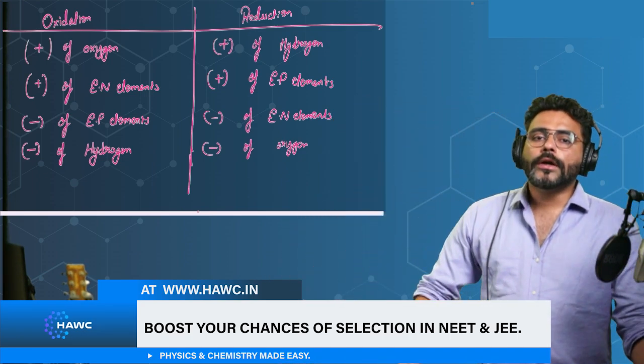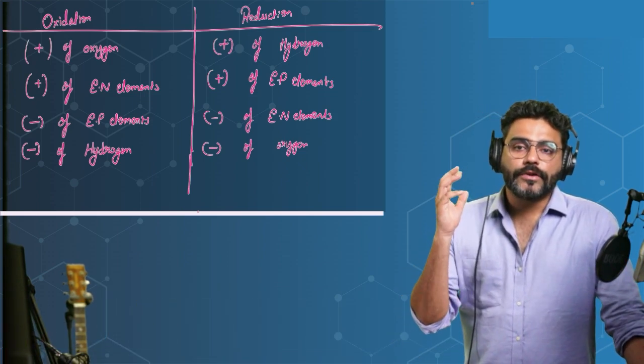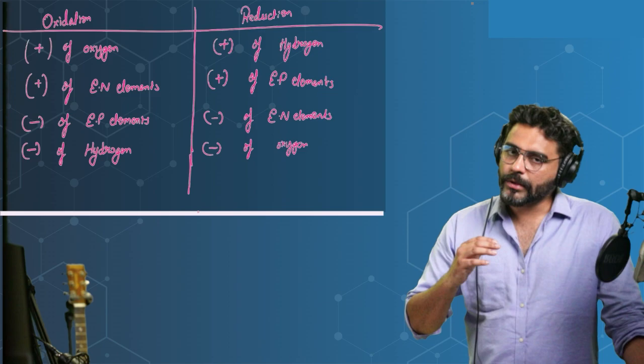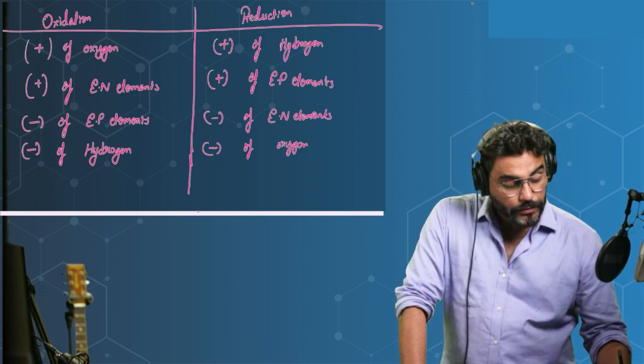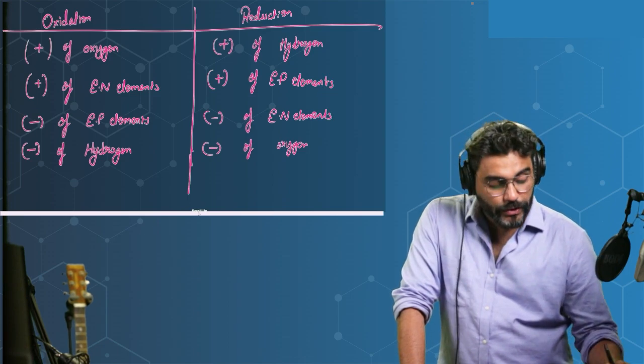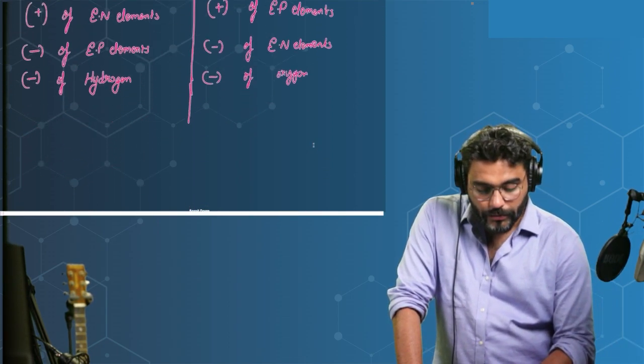With our basics of chemistry from the base classes, the first rule is that in the world of chemistry there is nothing to give and nothing to take, but just what? Electrons. So we defined oxidation and reduction in terms of electrons.